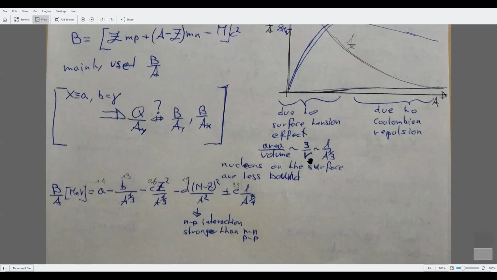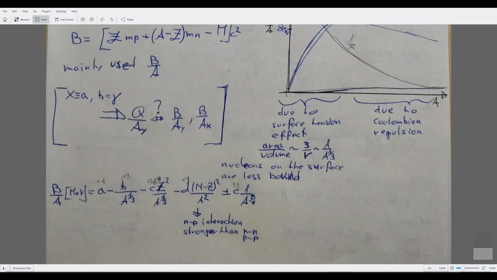So it's essentially the inverse of the radius, since the radius is the third root of the volume, and the volume is proportional to the number of nucleons. You have this relation.